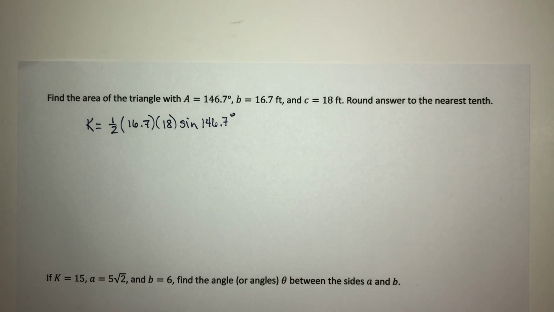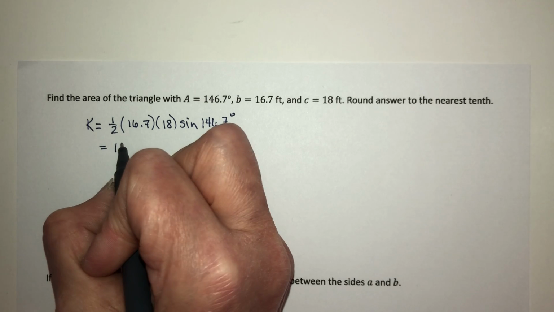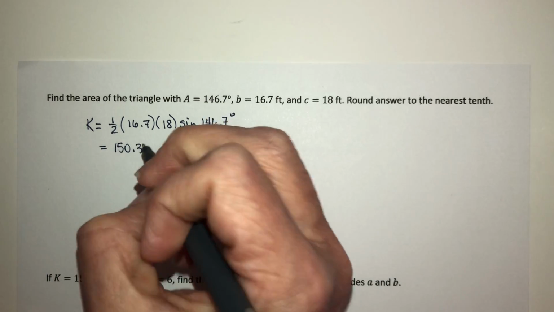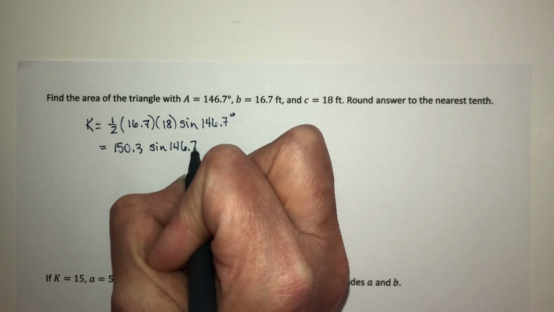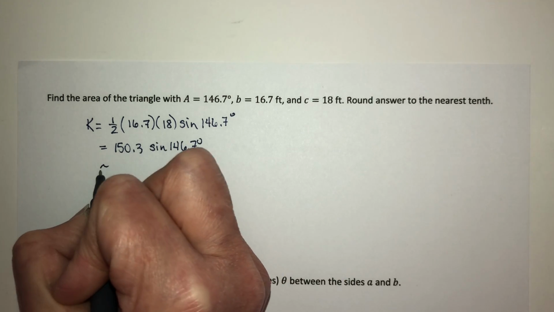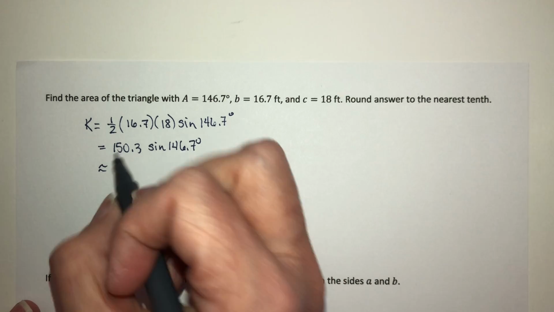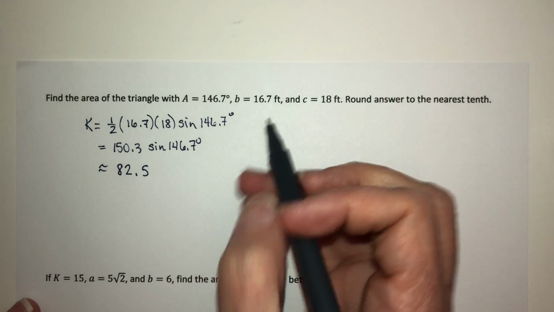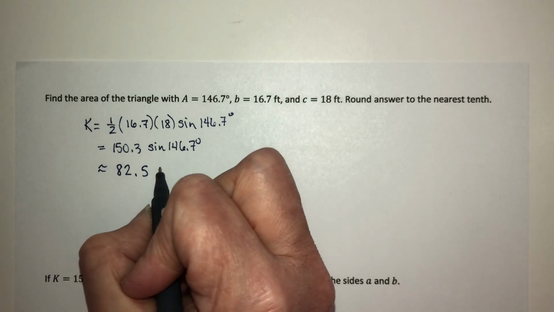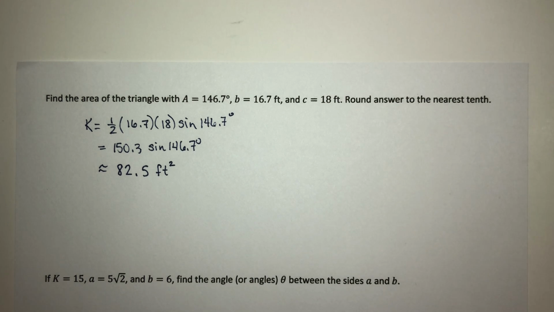And that is 150.3 times sine of 146.7 degrees. Plugging that into your calculator and rounding to the nearest tenth, you get approximately 82.5. Here we're given our units, so feet squared. Square units because it's an area.